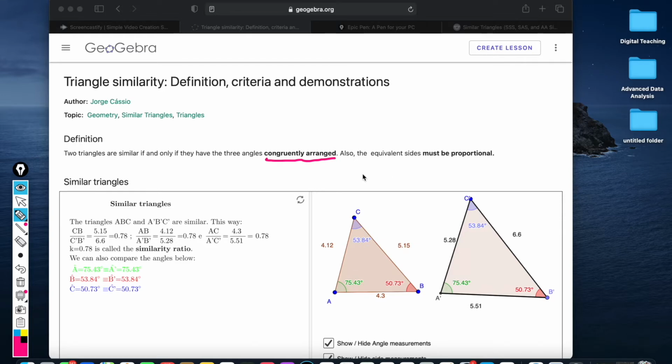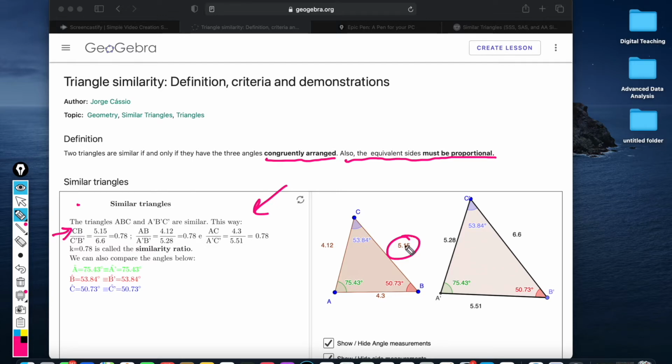Now, the second part of this: the equivalent sides of the two triangles must be proportional. What do we mean by that? Look down here under where it says similar triangles. If you take two equivalent sides, meaning if I were to take side CB, you'll see that side CB in the figure is 5.15.